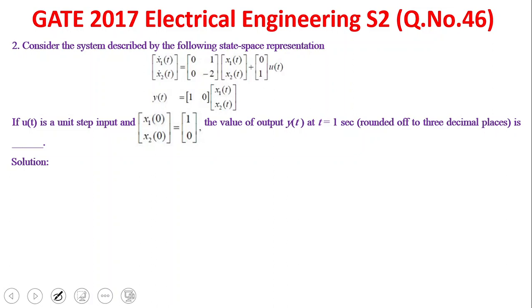If u of t is a unit step input and x of 0, that is x1 of 0, x2 of 0, is [1, 0], the value of y of t at t equal to 1 second is dash.